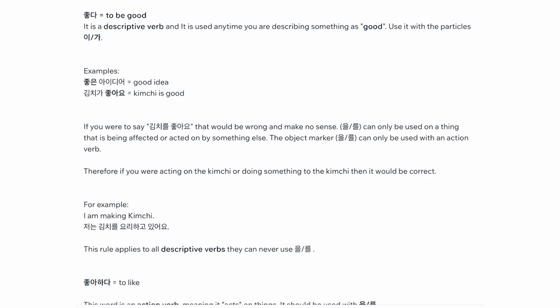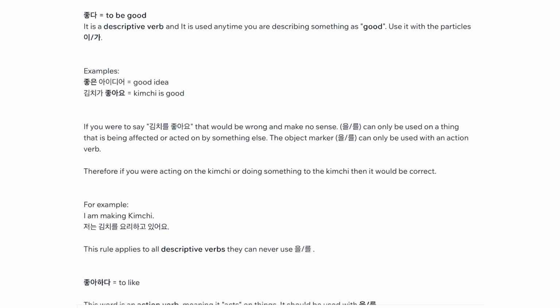But if I'm looking at the kimchi, I'm tasting the kimchi, I'm like, wow, 김치가 좋아요. It's really good. Then I'm describing something about it, not acting on it, just describing it. When you find yourself describing something, usually we want to use 이 or 가.